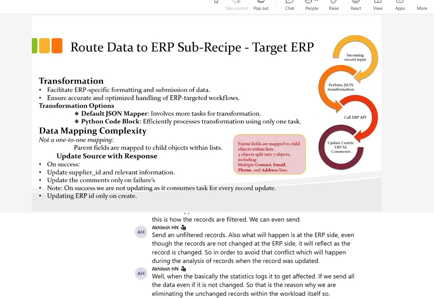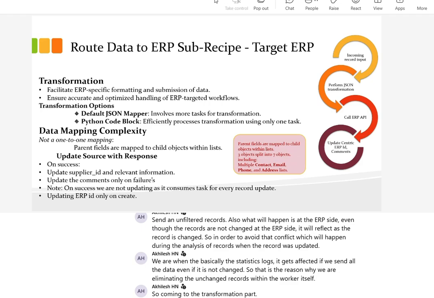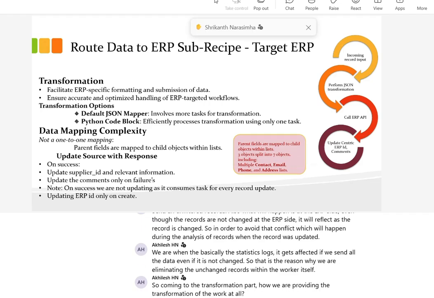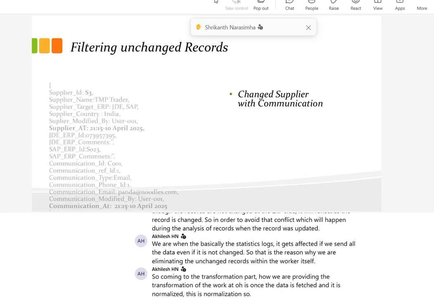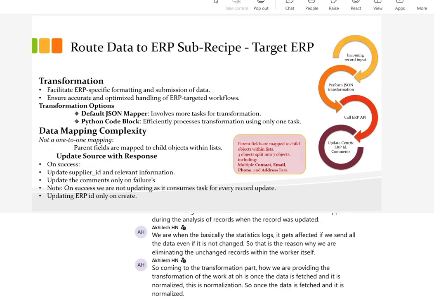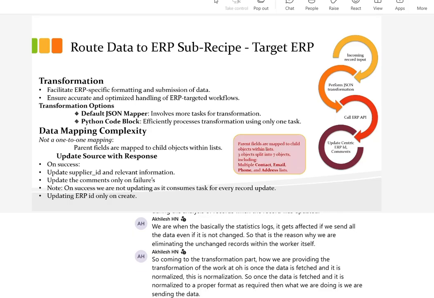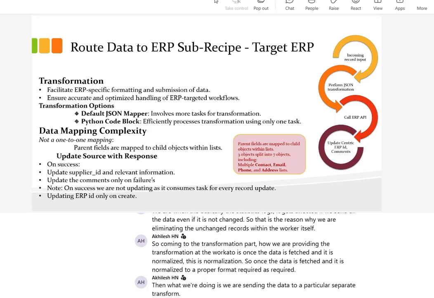So coming to the transformation part, how we are providing the transformation at Workato is, once the data is fetched, it is normalized. This is normalization. Once the data is fetched and normalized to a proper format as required, we send the data to a separate transformation dedicated to that ERP.